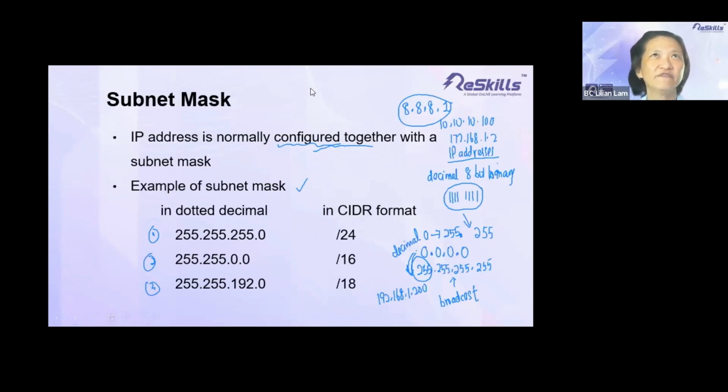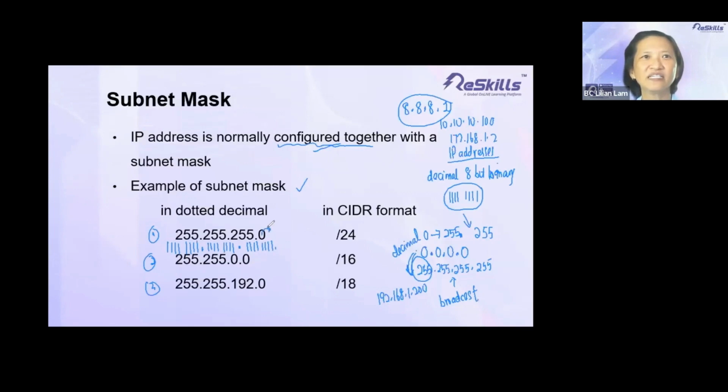So this is 255: 1, 1, 1, 1, 1, 1, 1, 1. Now we are trying to convert to binary. So 1, 1, 1, 1, 1, 1, 1, 1 dot 1, 1, 1, 1, 1, 1, 1, 1.